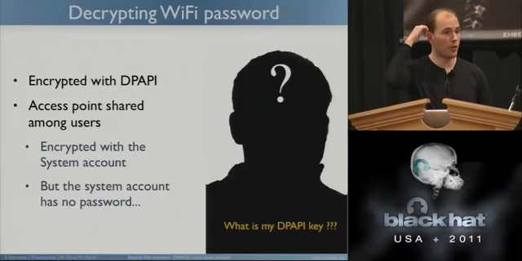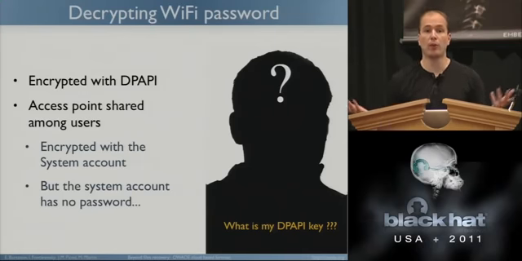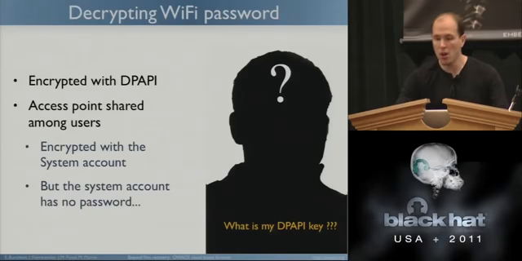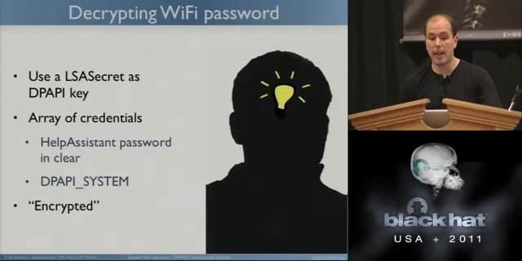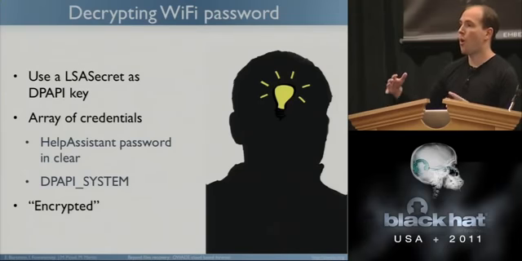So now you can ask yourself, well, how do you do that? Well, it's not encrypted with your key, it's encrypted with the system key. But the system account has no password. And as I said, we need the SHA-1 of the password to actually decrypt DPAPI. So now you're wondering, what is my DPAPI key exactly? And you scratch your head, and it turns out that it's an LSA secret. LSA is, again, another container which is encrypted with syskey.